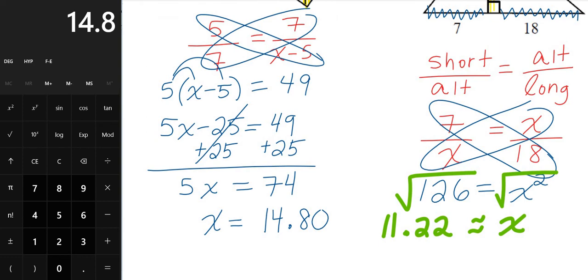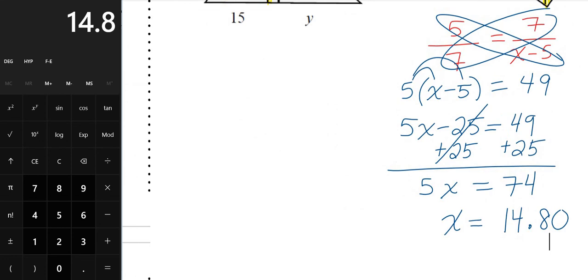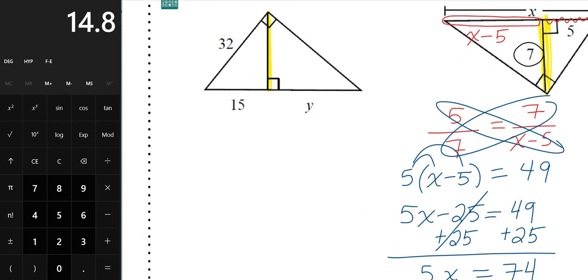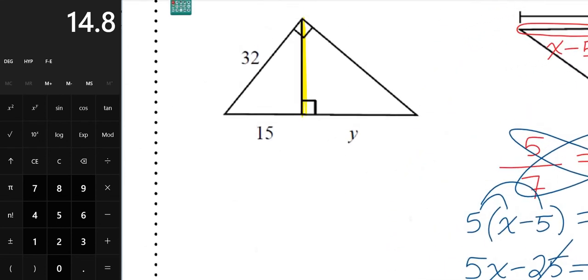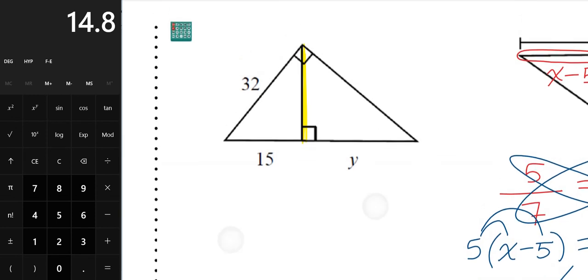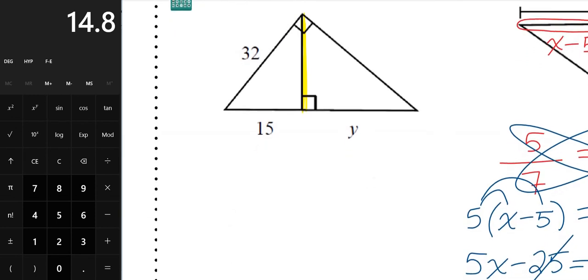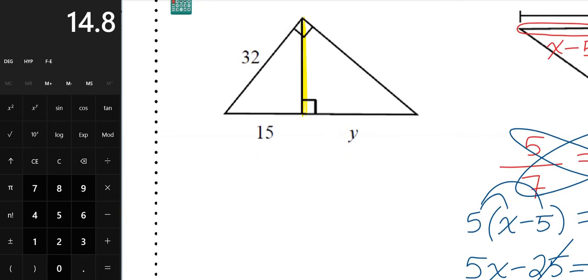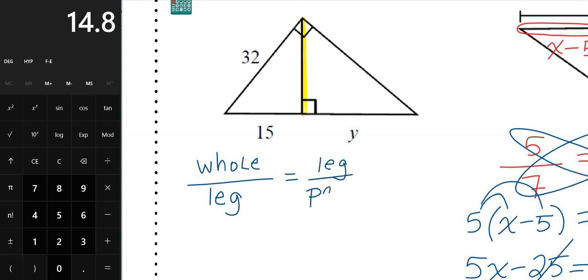Okay, last question. Now, I mentioned to you that, well, this one doesn't ask you for the altitude, so you're not going to use the altitude rule. The other rule is known as the leg rule, and it goes like this. It's whole over leg equals leg over part.